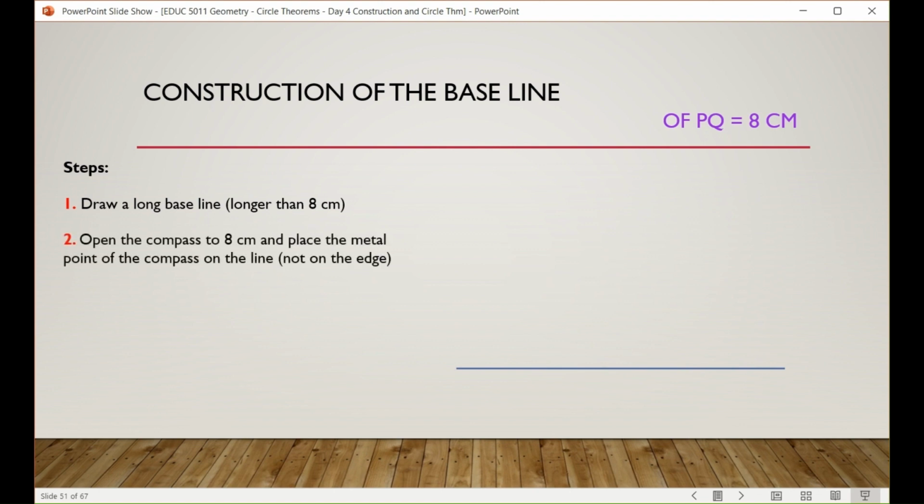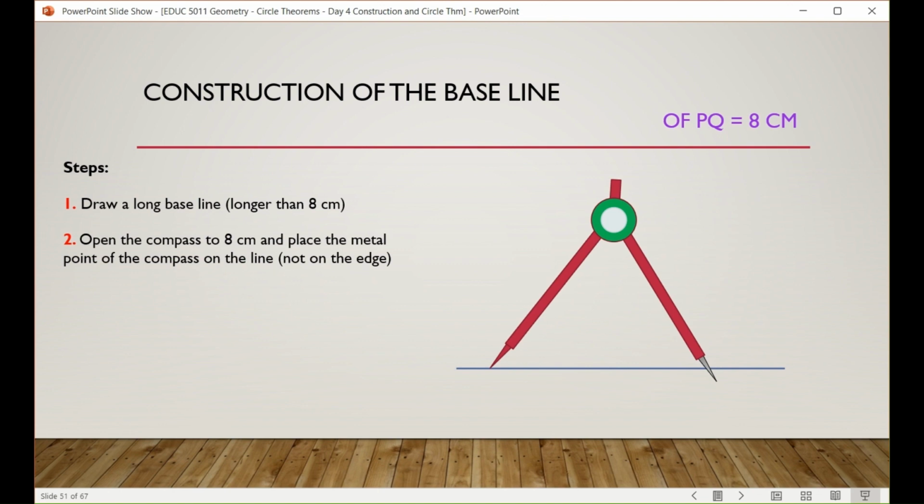And now we can open our compass, put it onto a ruler, make sure it's 8 centimeters exactly in length, and then place the metal point, which in this case I have as being pink, on the left hand side, resting on that long baseline. And we're not putting it on the edge, we want to put it a little inside.